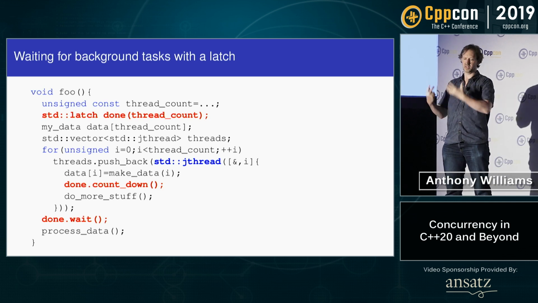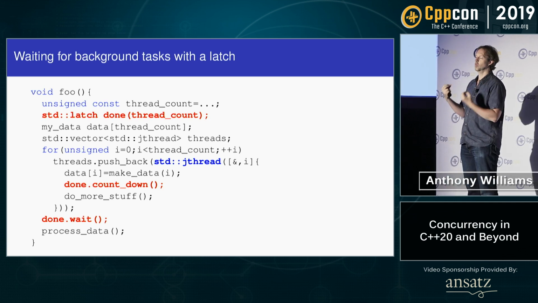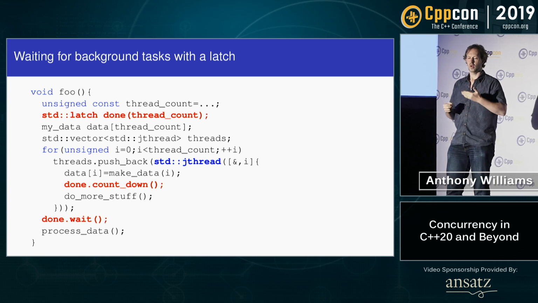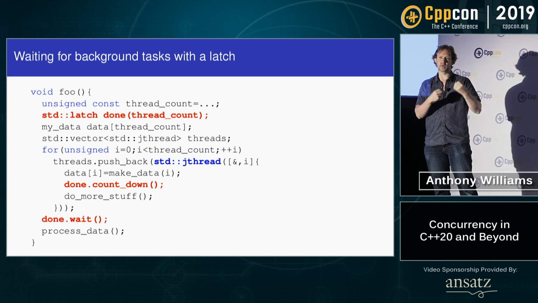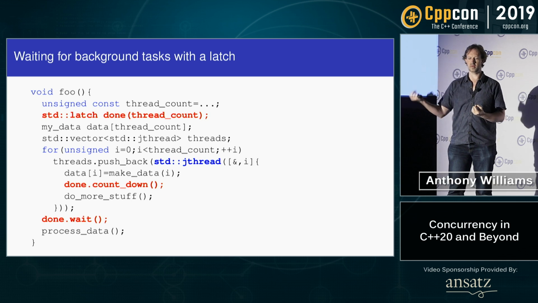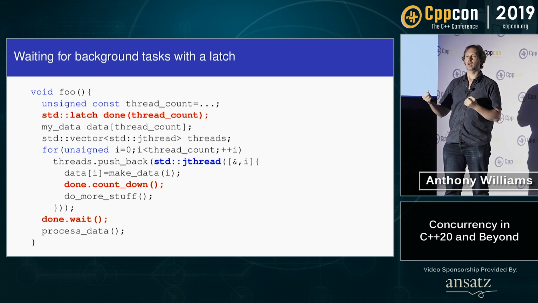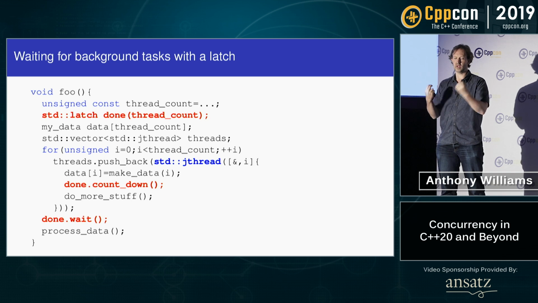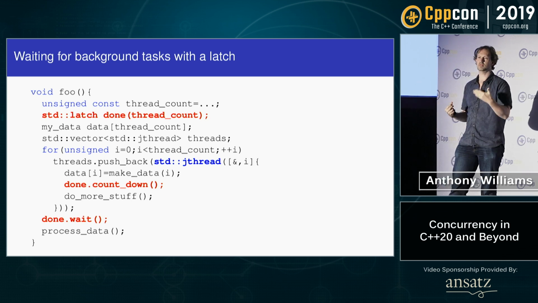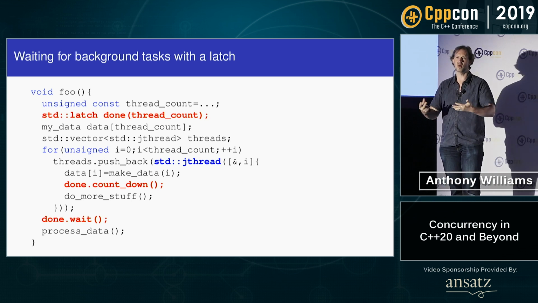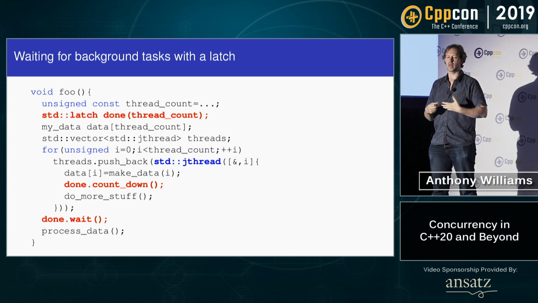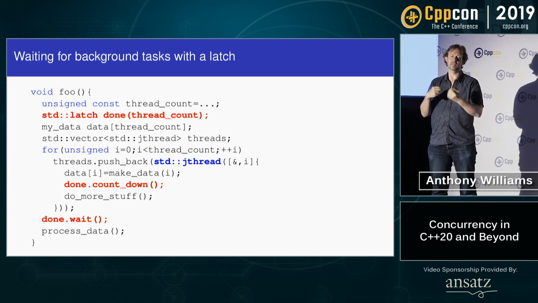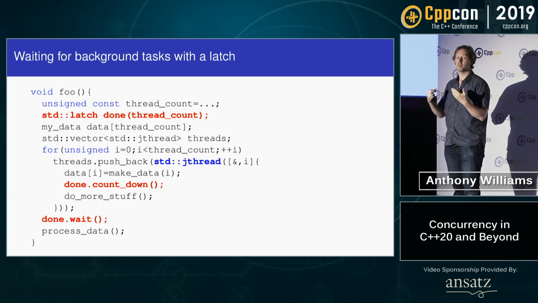So to put this in some code, we have our thread count of whatever. We have our latch that we construct, specifying the number of threads. Then we've got some data that we're going to generate. We're going to populate this array of data by each of the threads. And then we've got a vector of JThreads in this case.